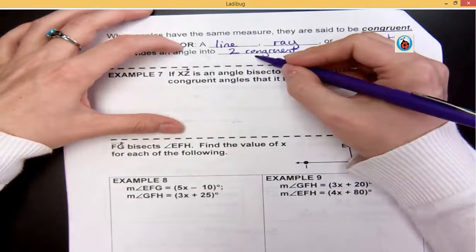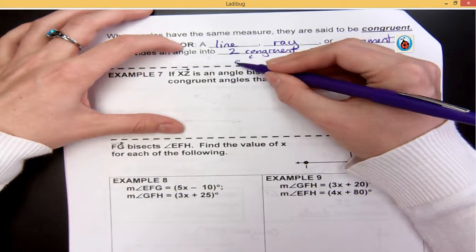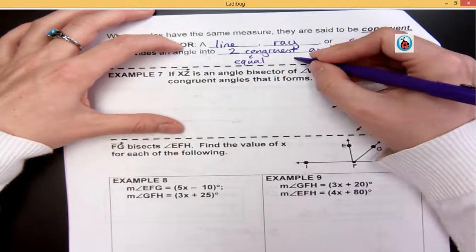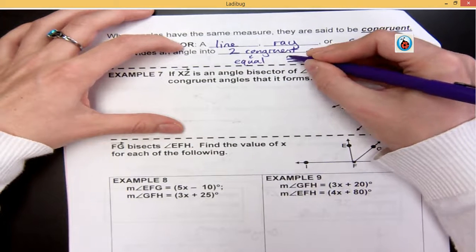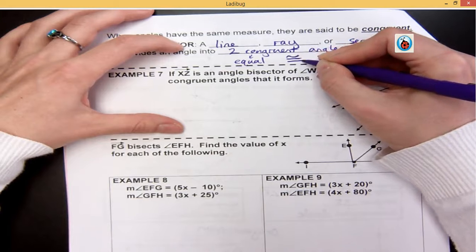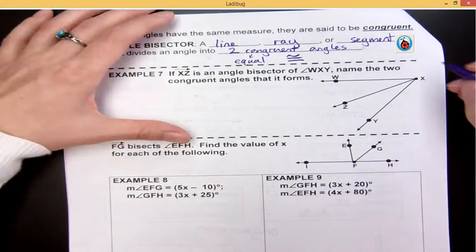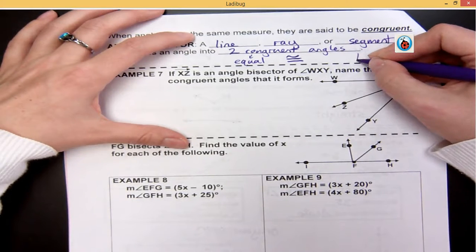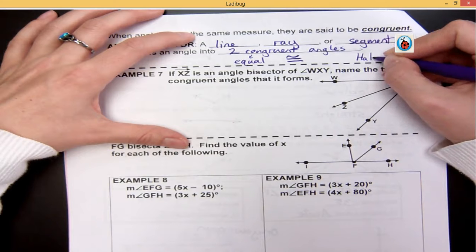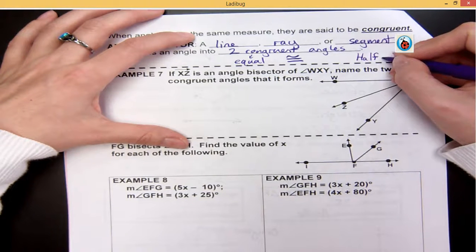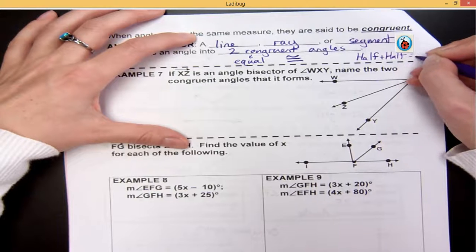The word congruent means equal, and our symbol for congruent is an equal sign with a wavy line on top. So it means we're dealing with equal halves. So we have half plus half equals the whole.